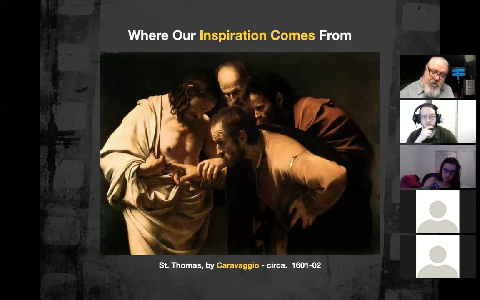And so Jesus is not depicted fully in the bright bathing light that we would normally see him in other images, because this is a situation where he's been let down by his own faithful believers by having to provide that. Look, he's even holding his hand and guiding his hand into the wound, saying, look, if you don't believe me, here it is, right? And this is the story that Caravaggio is trying to tell. But I don't think this image would have been nearly as successful if the light had been placed in a different position.